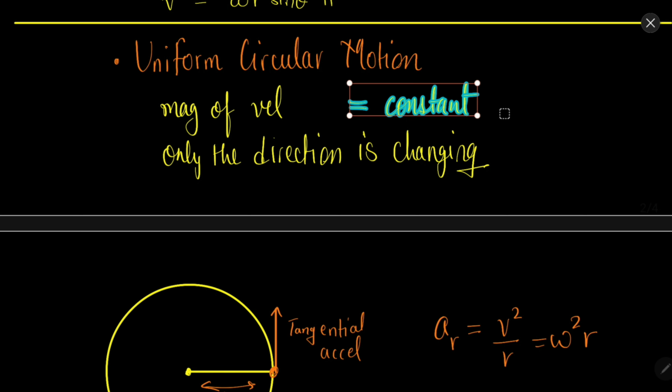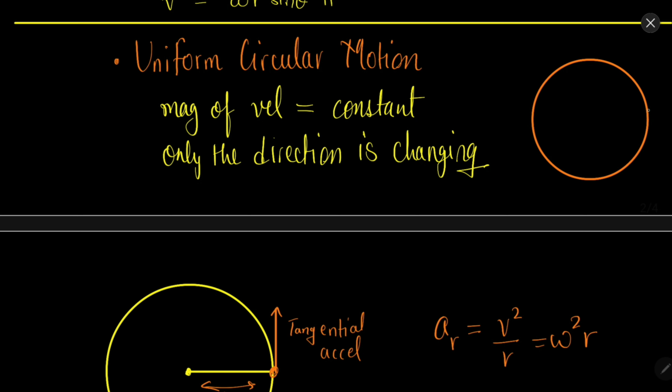In circular motion, the direction changes all the time because you are moving in a circle. At every point on the circle your direction is changing. How do you find the direction on a circle? By drawing a tangent at that particular point. So your direction is always changing in circular motion.